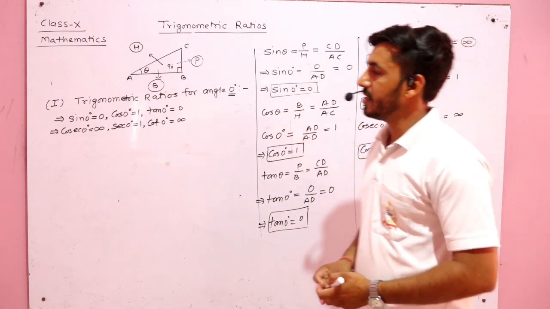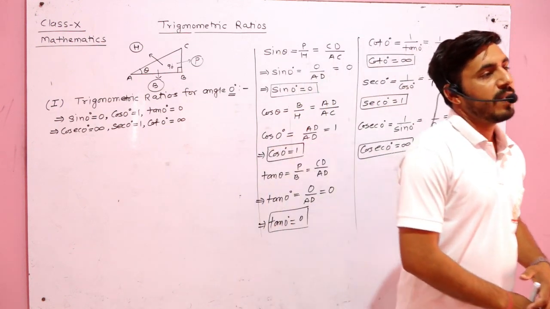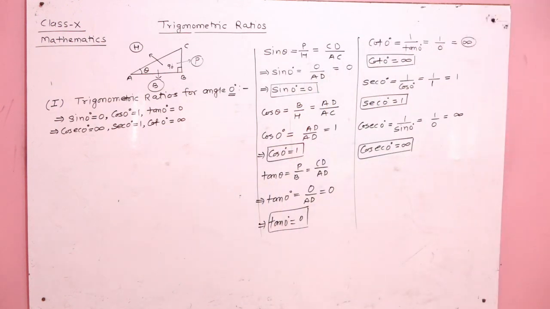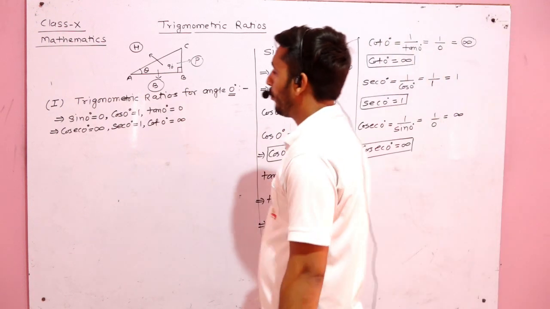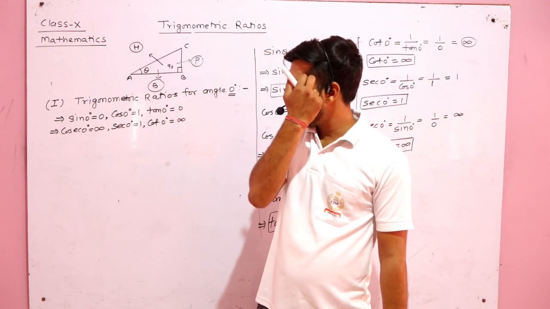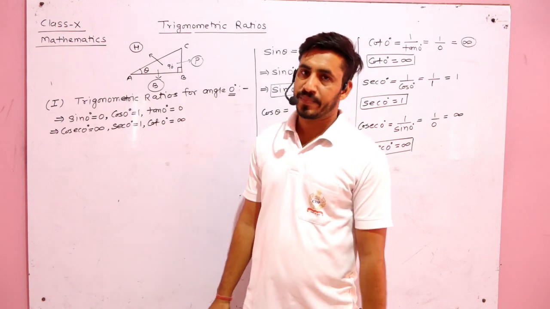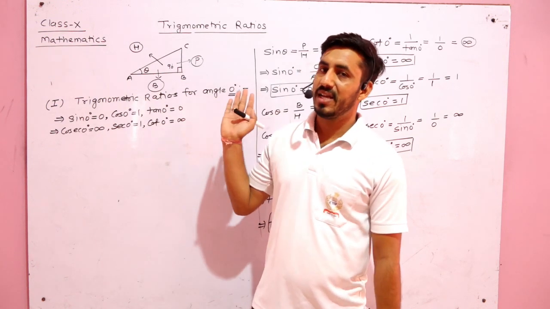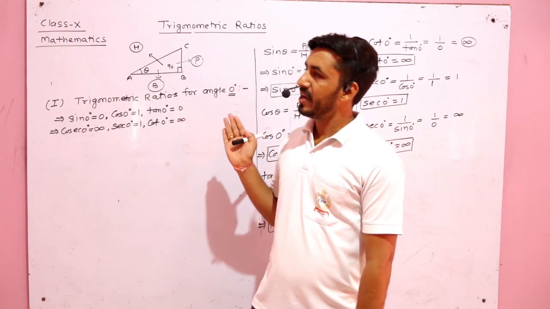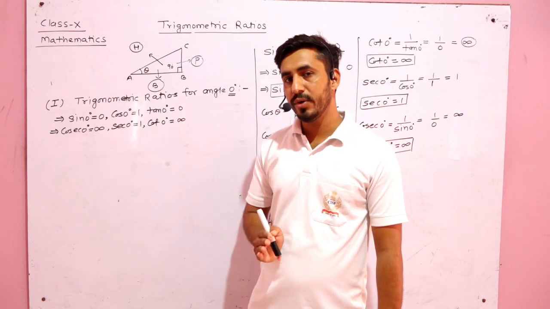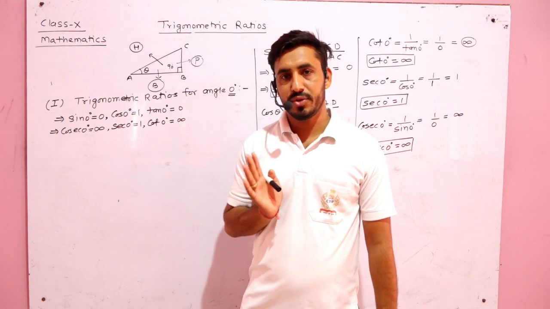In the next condition, we will study the trigonometric ratios when I am making the angle towards 90 degree. If I am taking the angle as 90 degree, then what is the effect, or what is the value of trigonometric ratios?